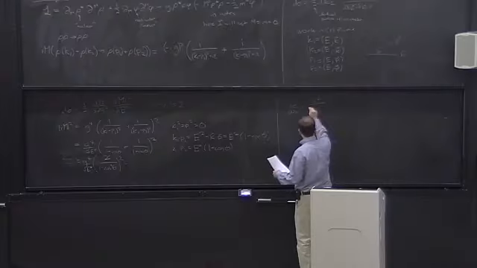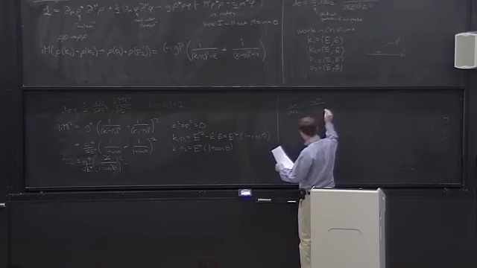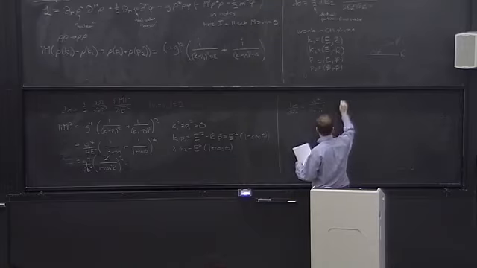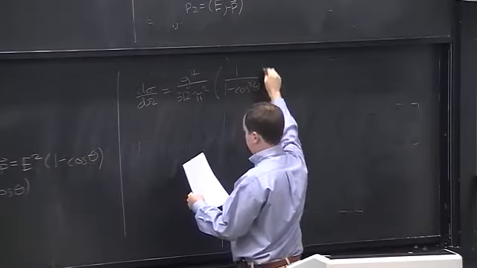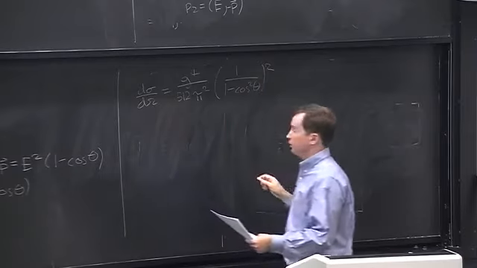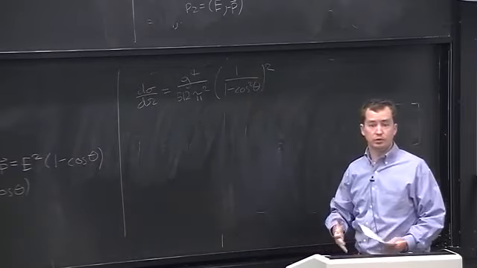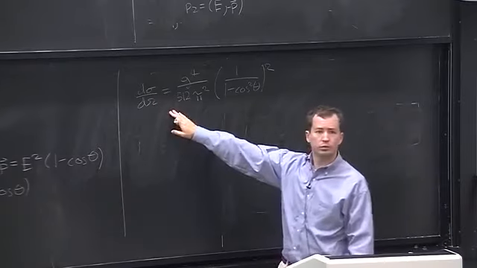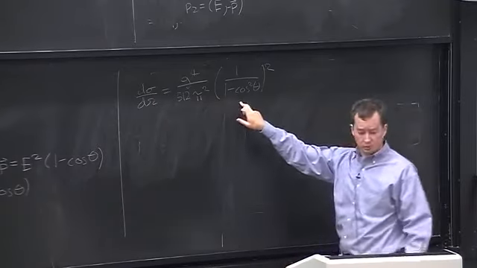So putting things together, assuming I didn't make other algebra mistakes, we get this as our final expression for the differential cross-section. We notice one thing immediately from this.